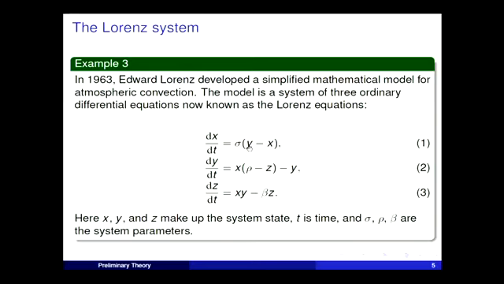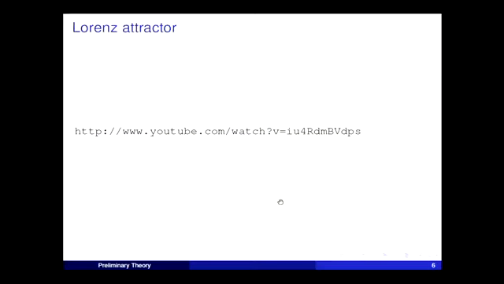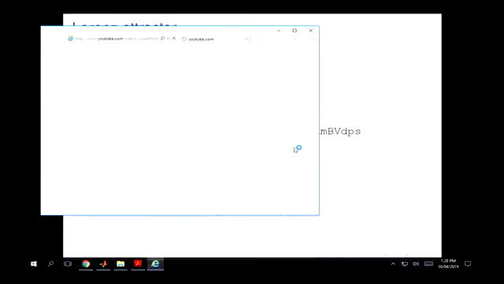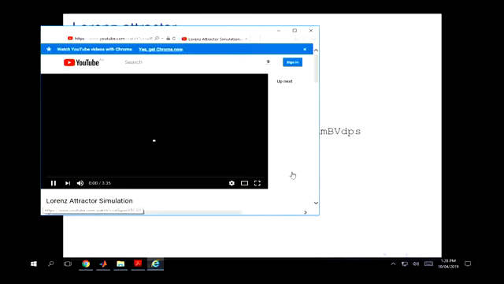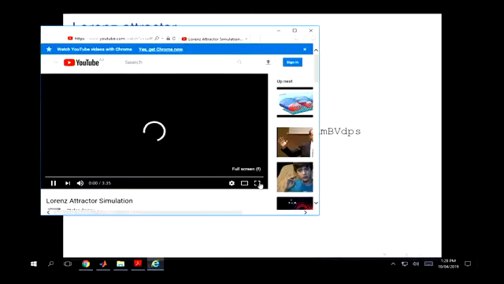You will see that by choosing different sigma, rho, and beta, the solution will have different properties, and it has some attractors. So maybe let me show you a movie. There's a name for it, the Lorenz attractor. Somebody solved this system of ODEs already, and now he just plotted it.